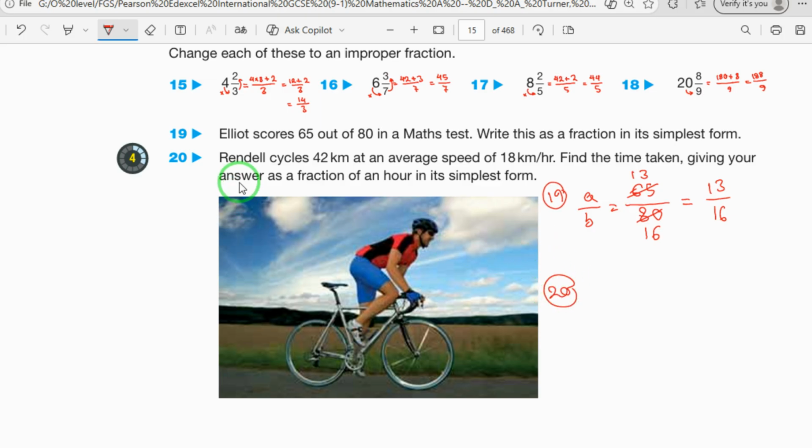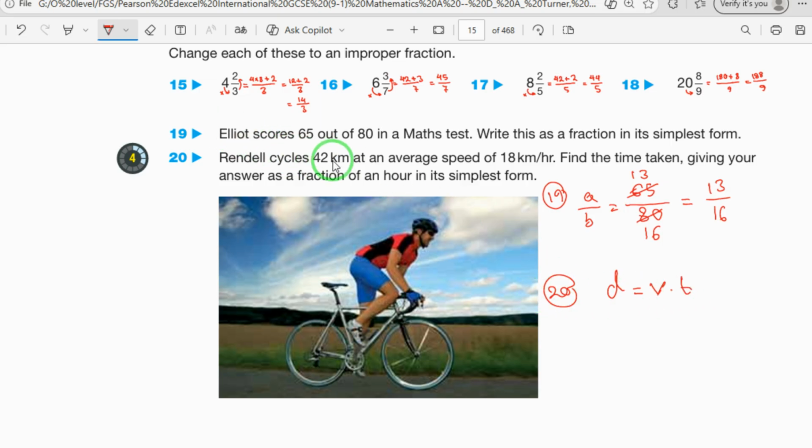Question number 20 says that Rendell cycles 42 kilometers at an average speed of 18 kilometers per hour. Find the time taken, giving your answer as a fraction of an hour in its simplest form. So we have a formula in physics that distance d equals velocity or speed v multiplied by time.